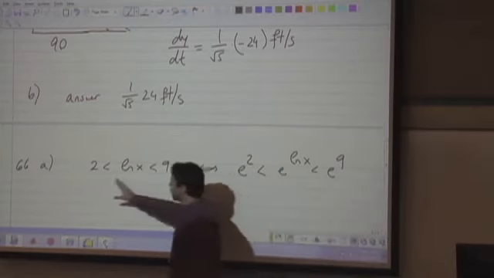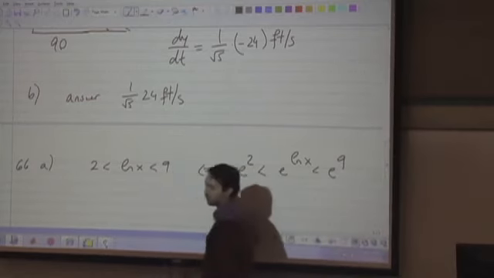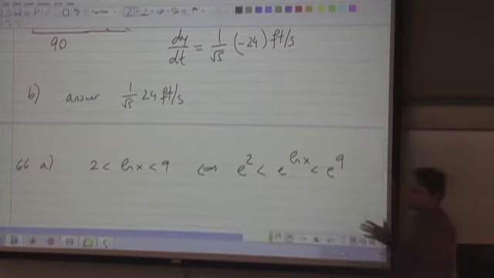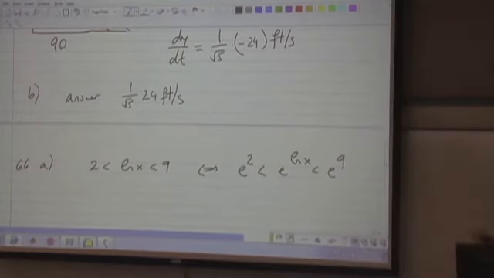But because all 3 quantities are positive, I know for a fact it's going to maintain the same ratio. Not only that they're positive, but they're also actually bigger than 1. So e to the ln of x is nothing else but x. So that's your answer. Make sense?